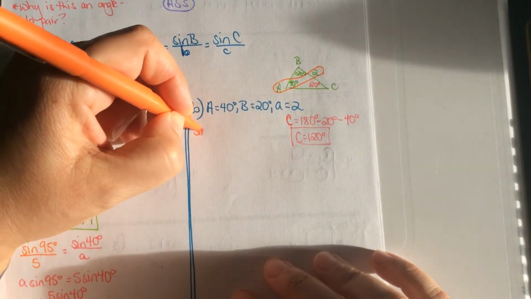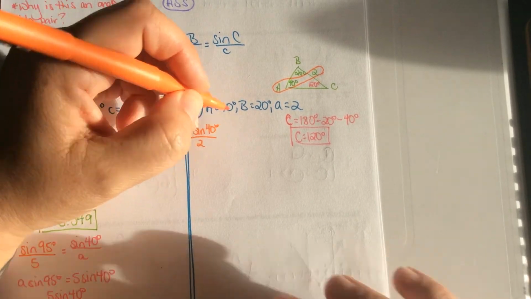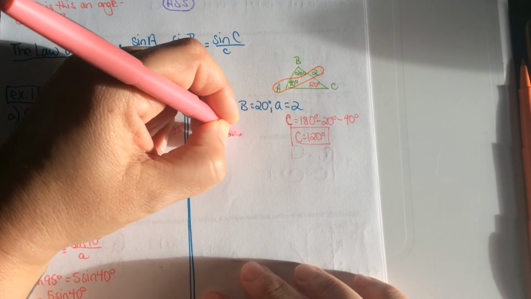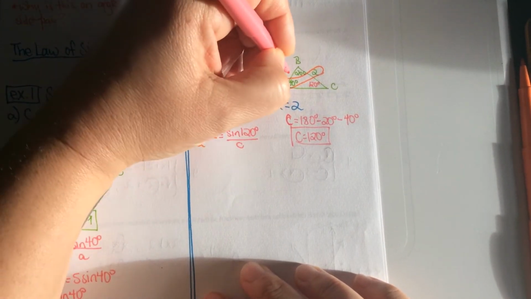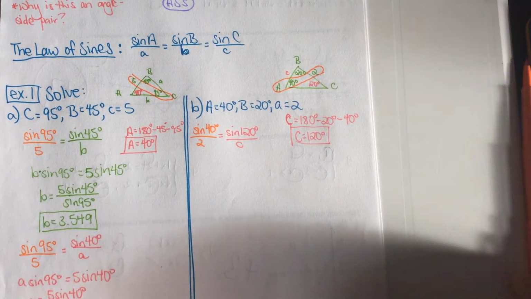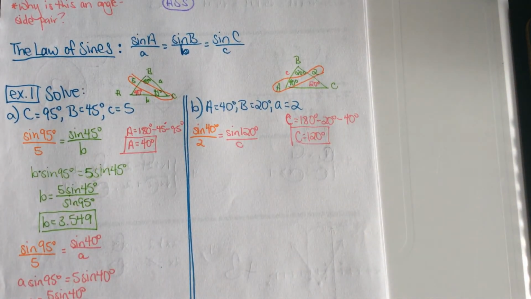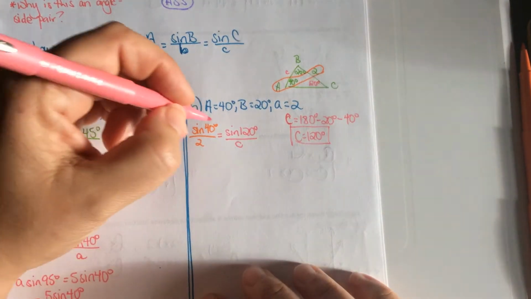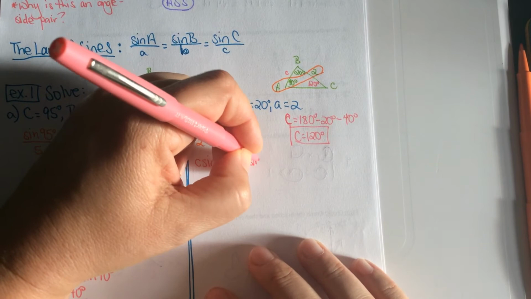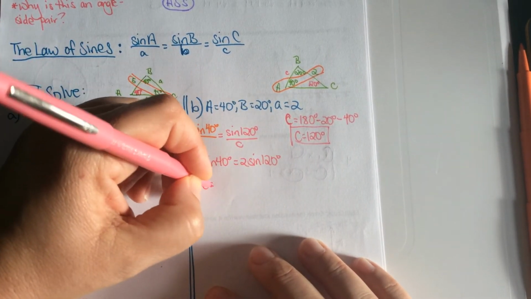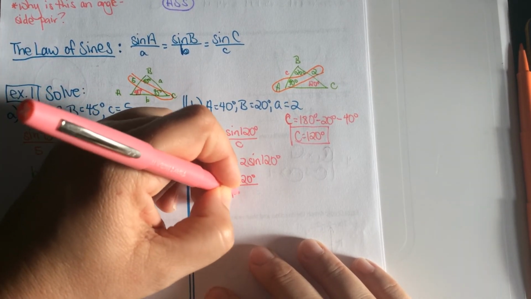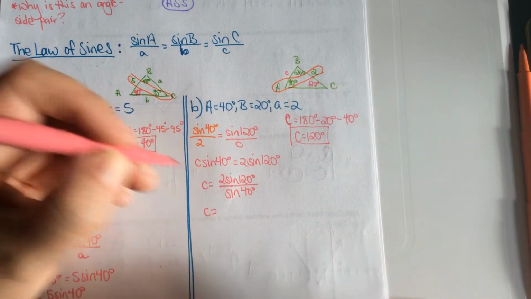So I can say sine of 40 over 2 equals sine of 120 over C. And same thing, right? Same process. I'm going to cross multiply, C sine of 40 equals 2 sine of 120, dividing both sides to get the C by itself.